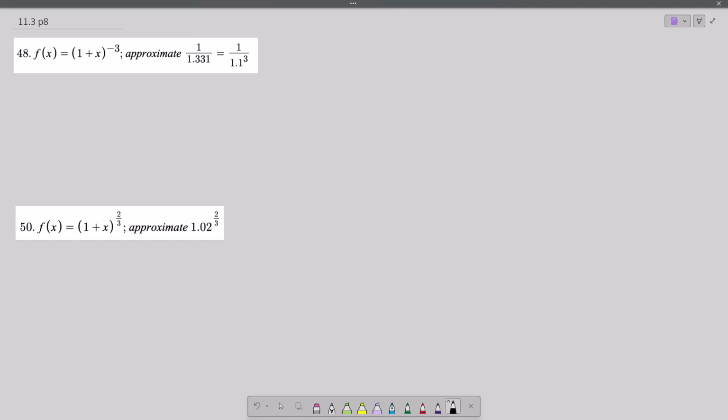So what we're going to do instead is this. We're going to say that 1 plus x to the -3 is going to be, what is p? P is -3, right? P is the power. So this is going to be -3 choose 0 plus -3 choose 1 times x.